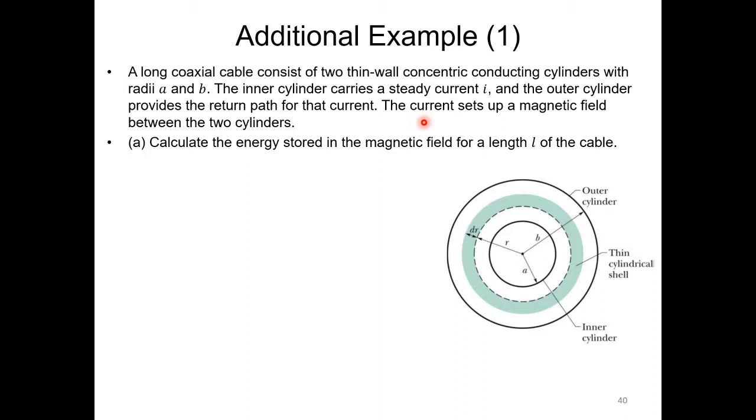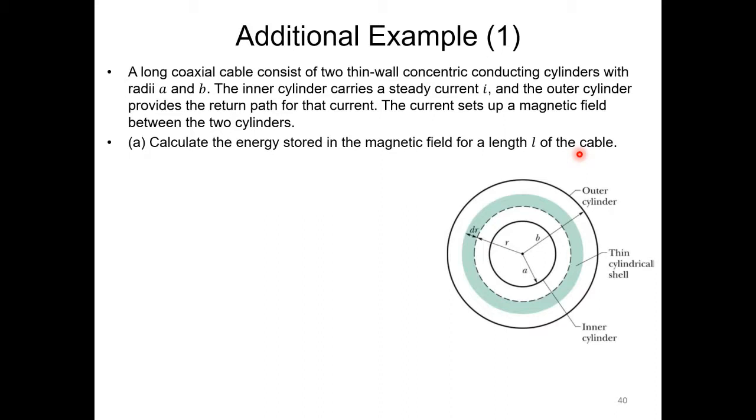So the currents in these two layers go in opposite directions. One goes in and another goes out. The current sets up a magnetic field between the two cylinders. Calculate the energy stored in the magnetic field for the length L of the cable.